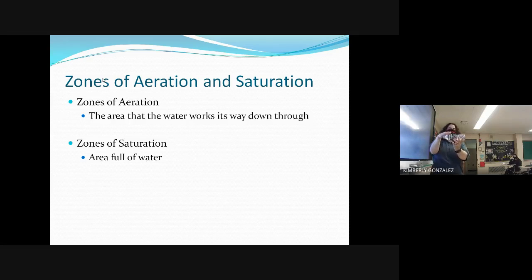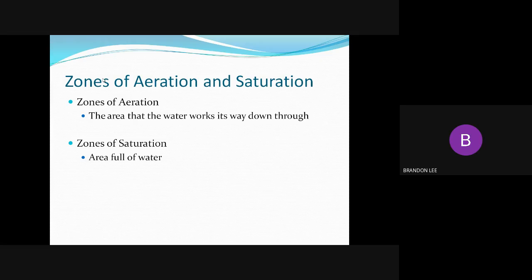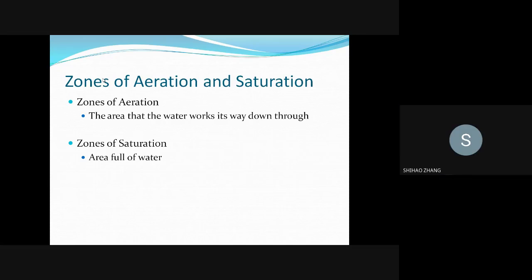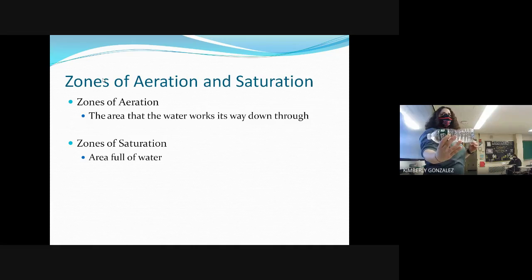Can you see how there's a little bit of air here and then the water's underneath it? Guys at home, can you see that?